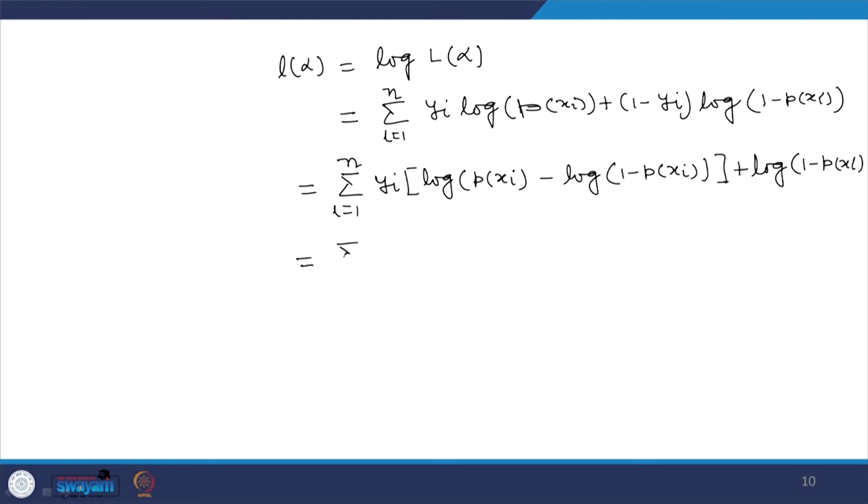In a better way, I can write log a minus log b as log a upon b.